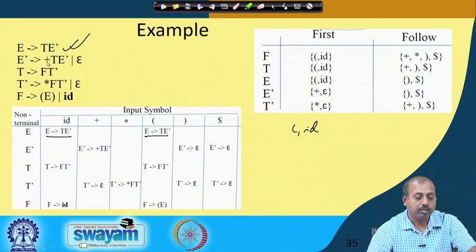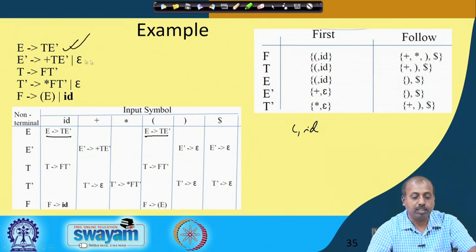Now, come to the rule E dash producing plus T E dash. First of plus T E dash is plus. So, I will add this rule E dash producing plus T E dash in this particular entry. Now look into the rule E dash producing epsilon.